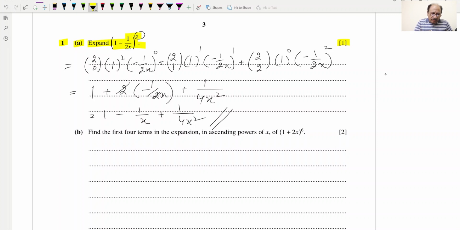Now for part B, find the first 4 terms in the expansion in ascending powers of x of (1 plus 2x) raised to the power 6. So the first 4 terms are required.